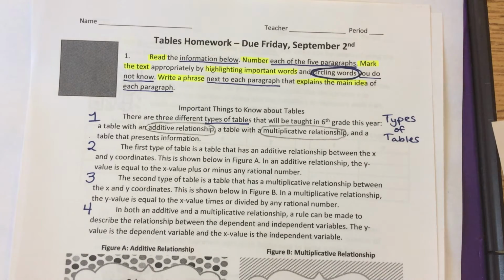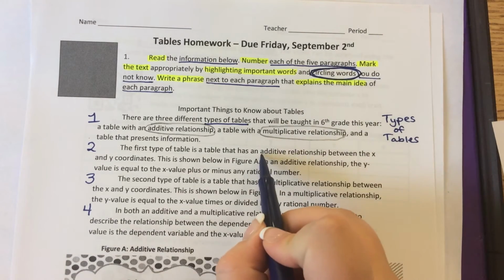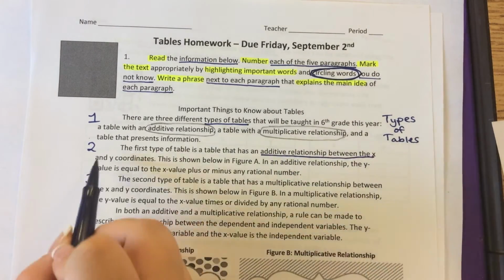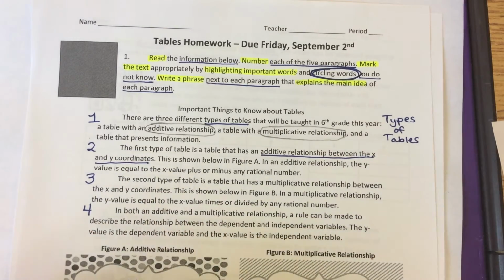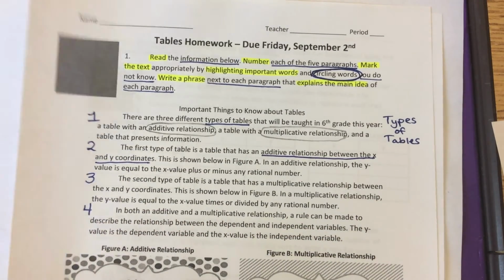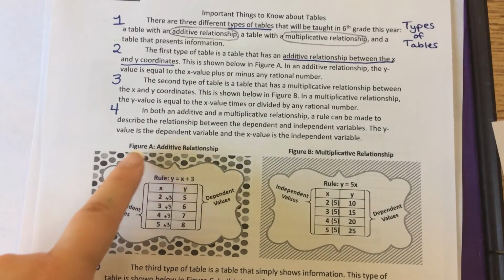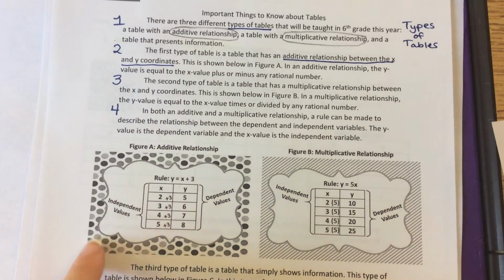Let's try one more. The first type of table is a table that has an additive relationship between the x and y coordinates. This is shown in figure A below. So figure A is going to be right here, figure A, additive relationship, and it's shown right down here.